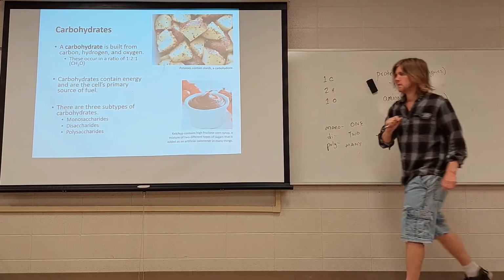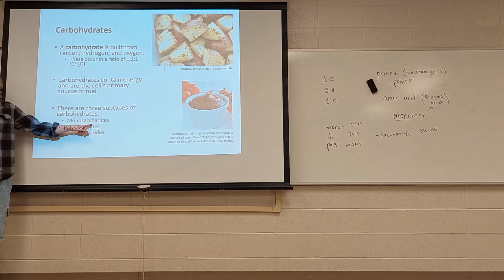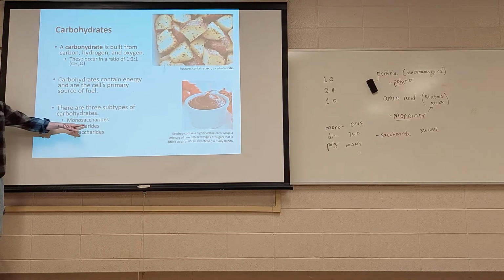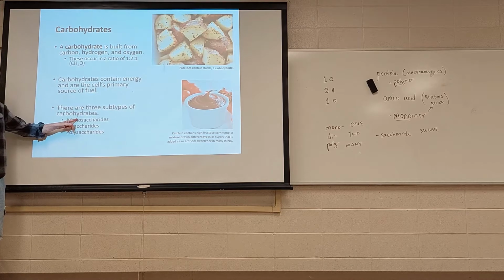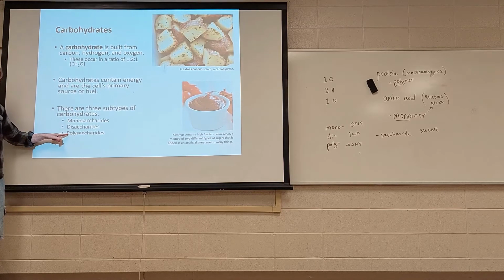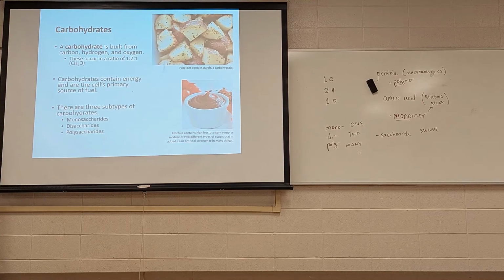So we've got 1 sugar, that's your simple sugars, 2 sugars, that's going to be 2 of these together, and then many sugars, that's going to be your big long polymer chains like starch. And so these are 3 subcategories of carbohydrates that we're going to look at.